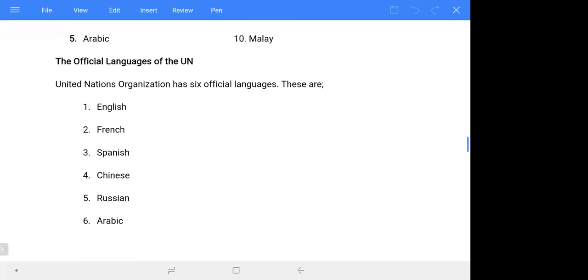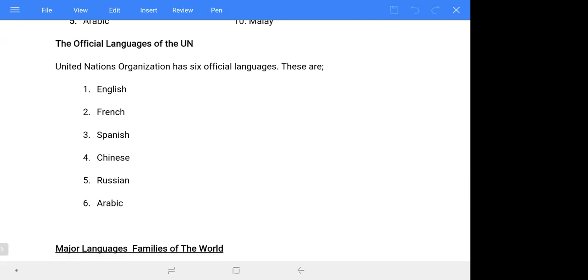And the official languages of the United Nations. The United Nations is an organization which has members from all countries of the world. So there are members who speak different languages of the world. For example, Ethiopia is a member of the UN, yes?